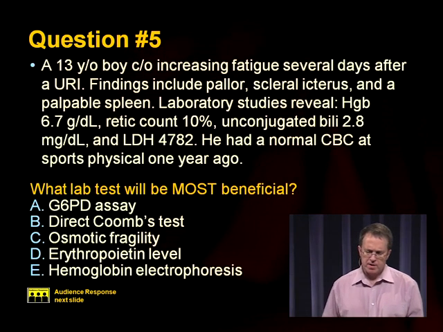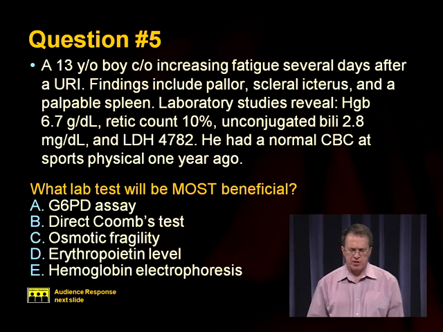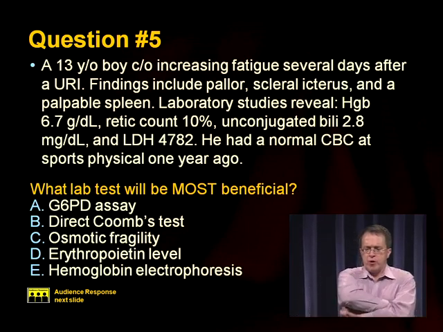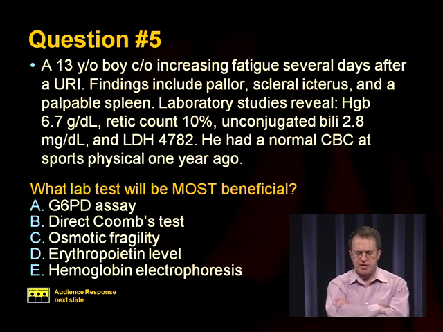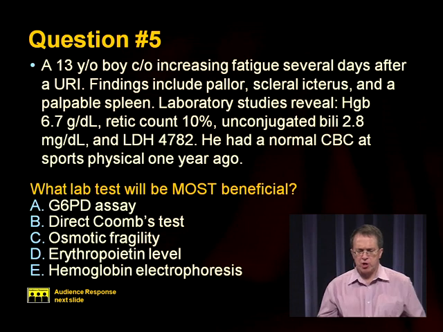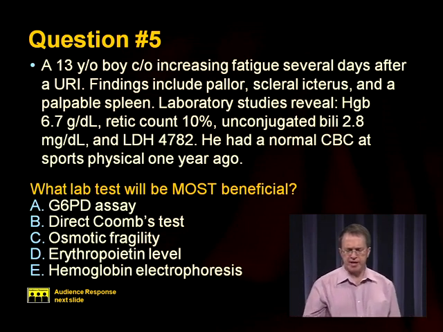Okay. All right. Still on red cells. We have a 13-year-old boy who complains of increasing fatigue several days after a URI. Findings include pallor, scleral icterus, and a palpable spleen.